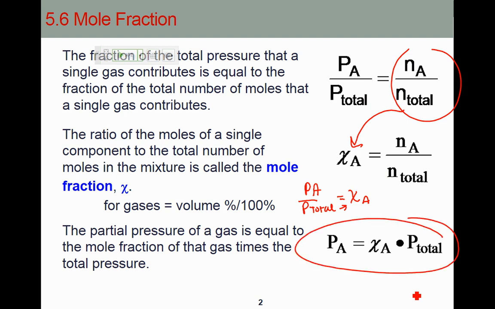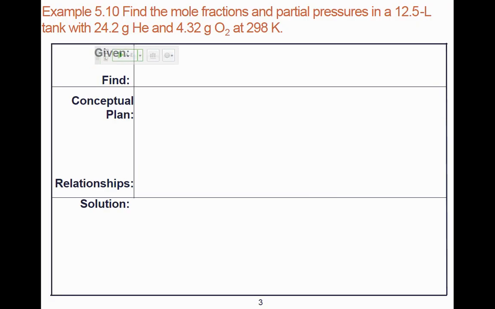Again, not really an equation you need to memorize, but it's just showing how we can relate our mole fraction and our total pressure to get our partial pressure. And it's just based on the fact that if NA over N total is our mole fraction, then that can give us a relationship between our partial pressure and our total pressure. Because again, remember, our volume is the same, our temperature is the same for all of the atoms in the gas. So let's look at an example of that.